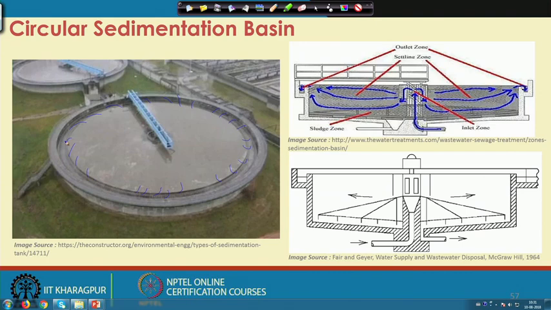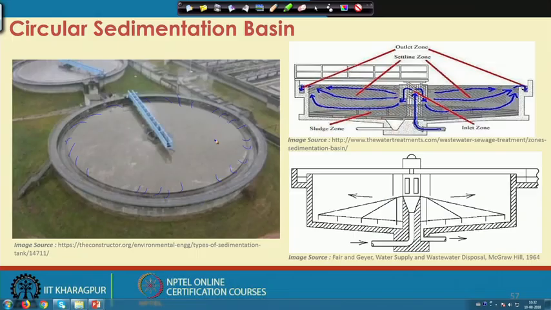So, this is the total discharge. Obviously, in equilibrium the inflow is going to be equal to the outflow. So, the discharge of the outflow is going to be the same, but what amount is being spilled out per unit area of the tank is what is your surface overflow rate.